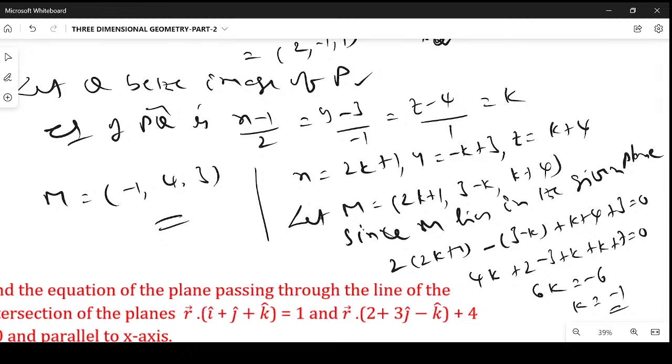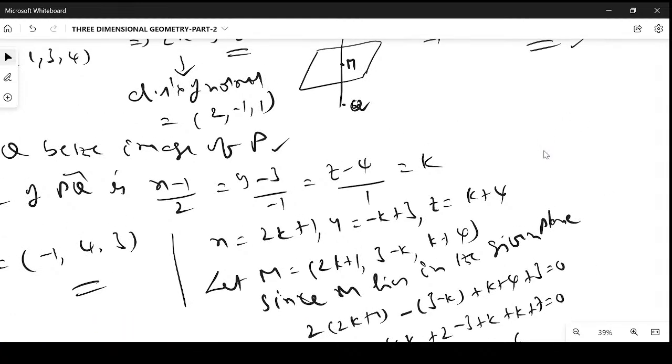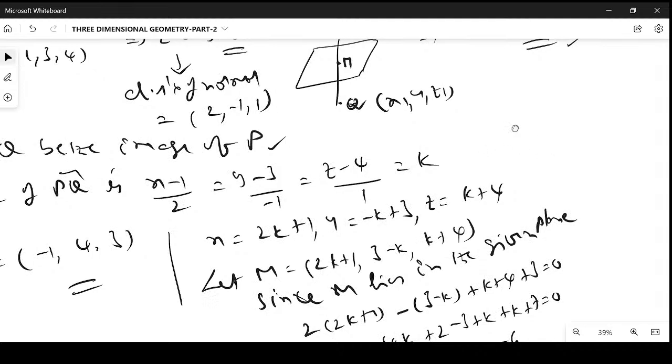But let Q be the image you have taken, and M is the midpoint of this. Since M is the midpoint, I can find Q easily, right? After finding this, you can consider Q as some x1, y1, z1. So Q is the image that we have taken, and M is the midpoint of that.